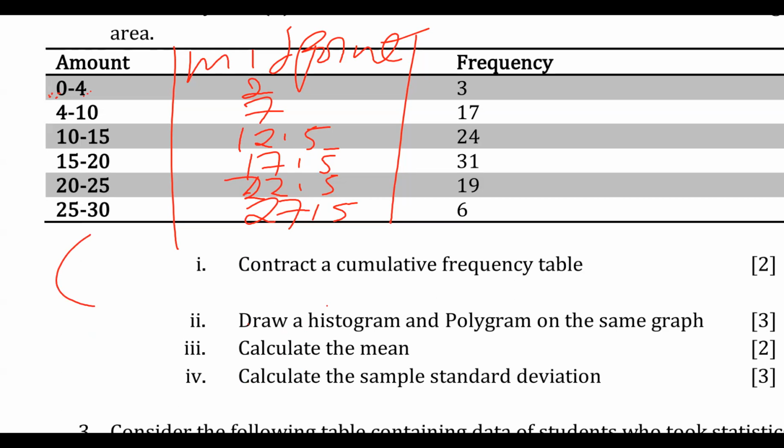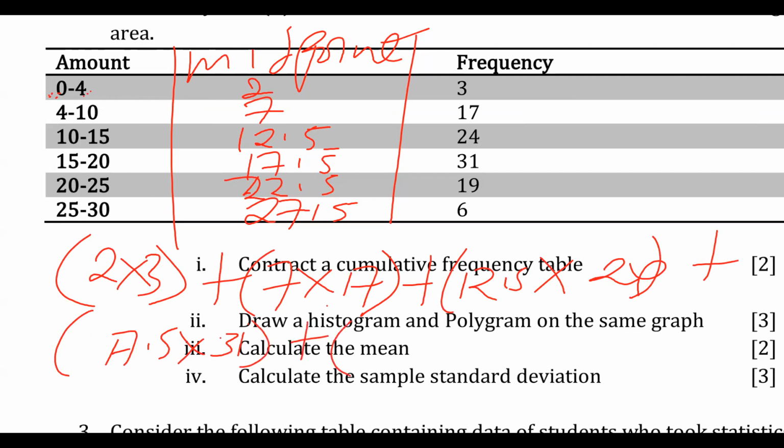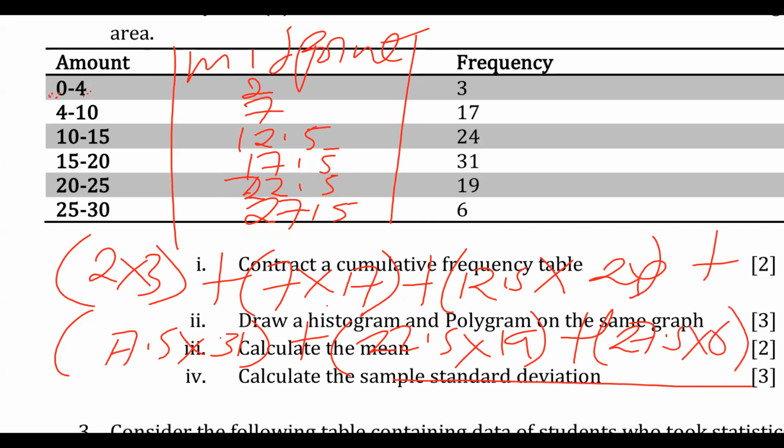The midpoint 2 times the frequency 3, plus 7 times 17, plus 12.5 times 24, plus 17.5 times 31, plus 22.5 times 19, plus 27.5 times 6. Like that. You sum everything and divide by the total frequency, which is 100.